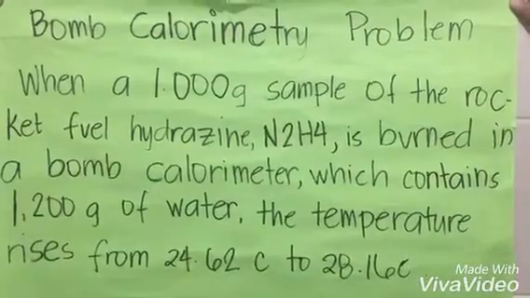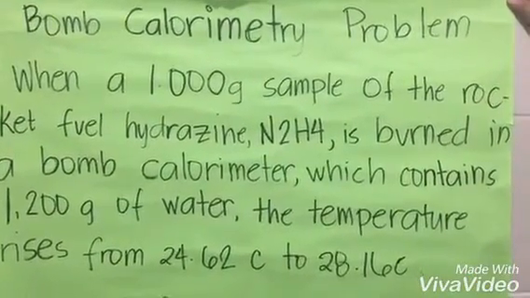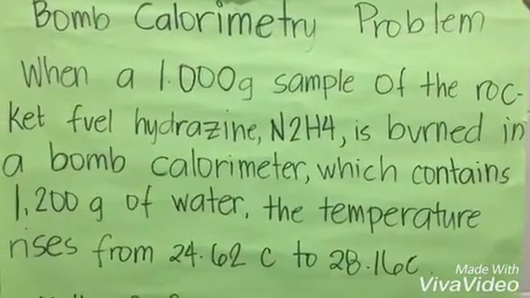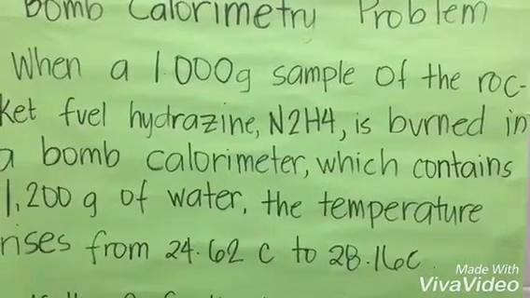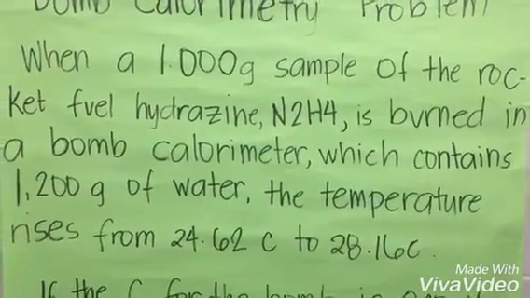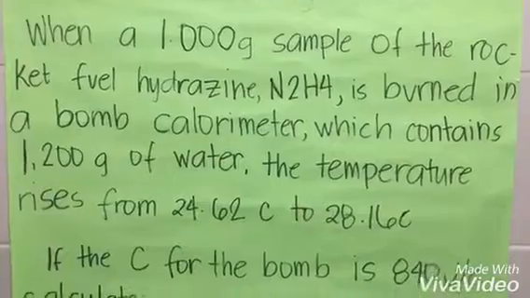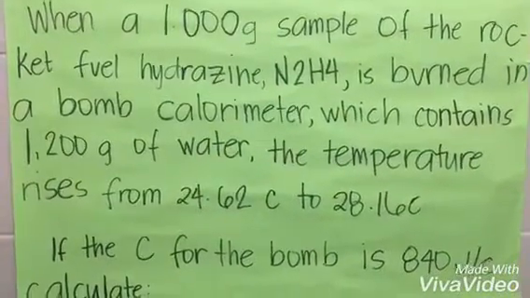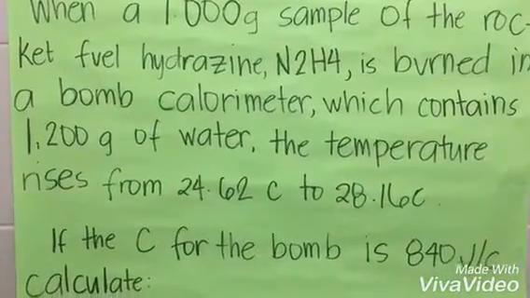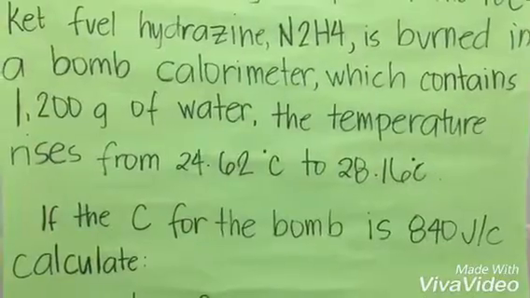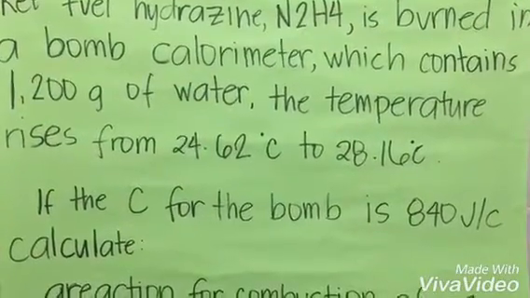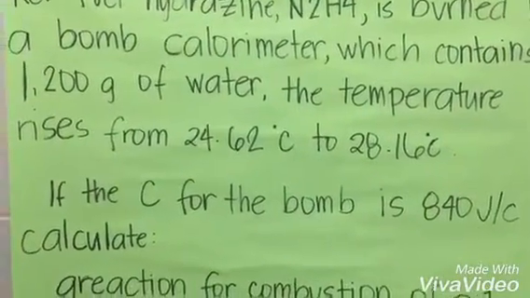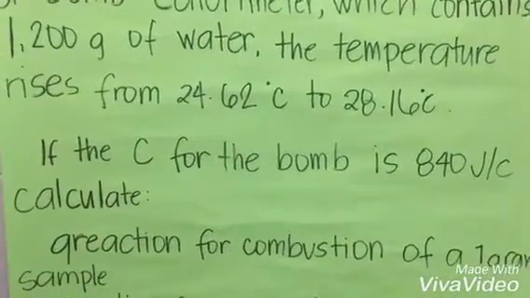Bomb calorimetry problem. When a 1 gram sample of the rocket fuel hydrazine, N2H4, is burnt in a bomb calorimeter, which contains 1,200 grams of water, the temperature rises from 24.62 degrees Celsius to 28.16 degrees Celsius.